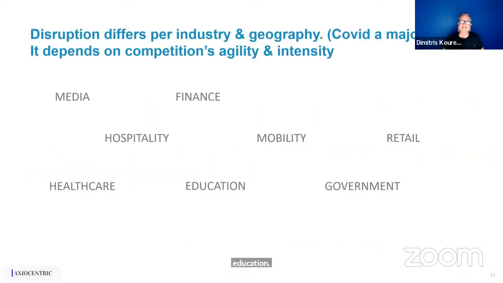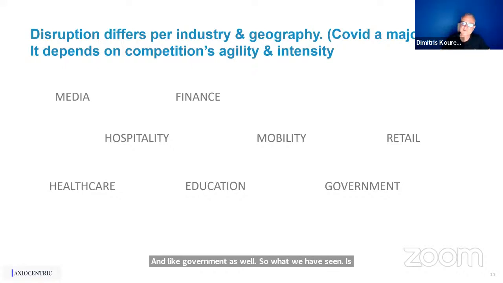So what we have seen is that, of course, even today, transformation is different depending on where you are based, depending on geography, and depending on industry.